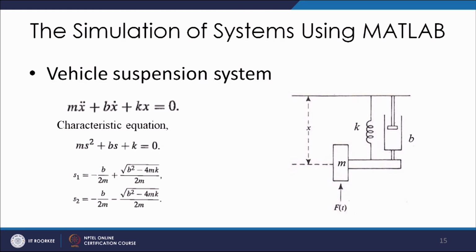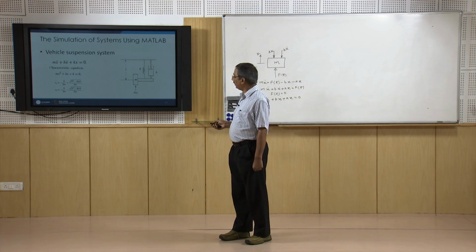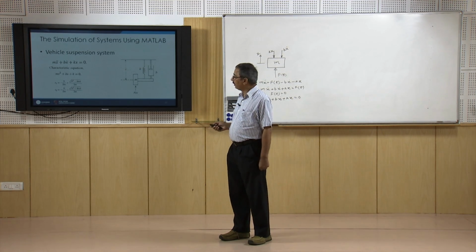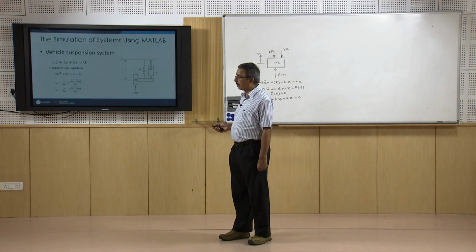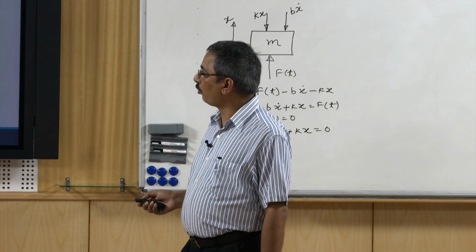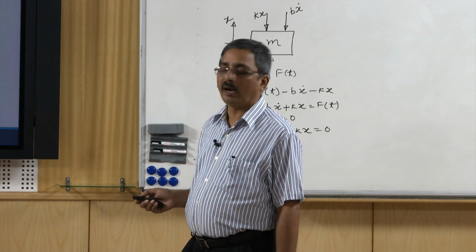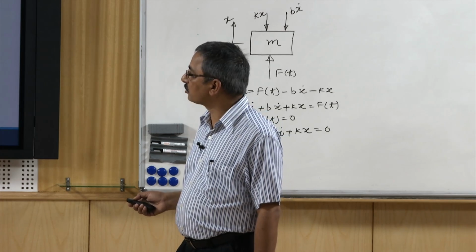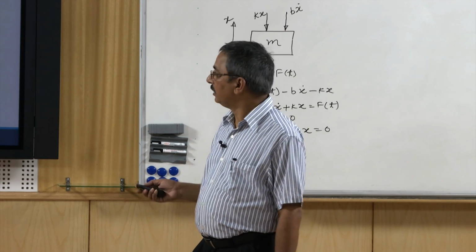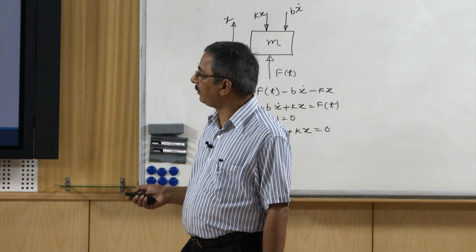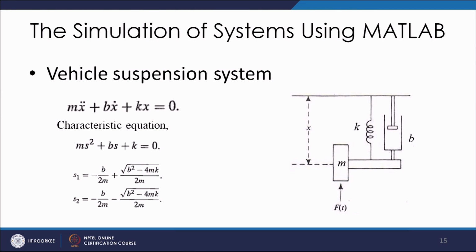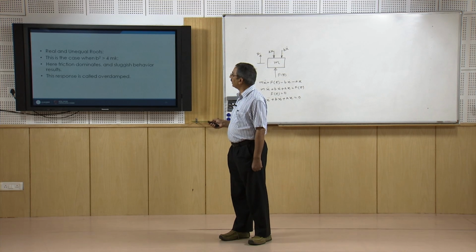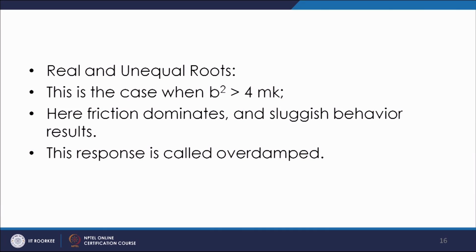Now, if you look at the nature of the roots, whether they are going to be equal roots, or distinct roots, or complex roots, that depends on the value of b square minus 4 m k. So, this parameter basically determines the nature of the roots. Here, if b square is greater than 4 m k, then we are going to have the case of real and unequal roots.